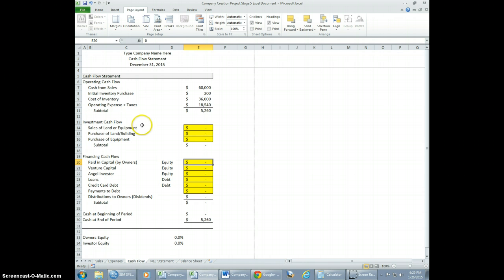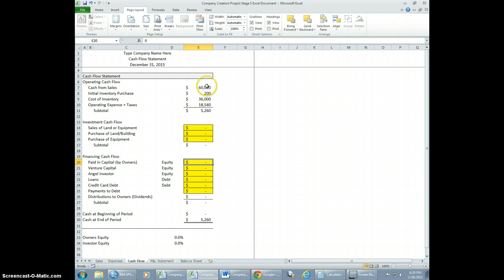So the cash flow statement is broken into 3 main categories. The first is the operating cash flow. The second is the investment cash flow, and the third is the financing cash flow. So the operating cash flow correlates to the cash that comes in and out of the company as it relates to the company's operations. So you first have the cash from sales.